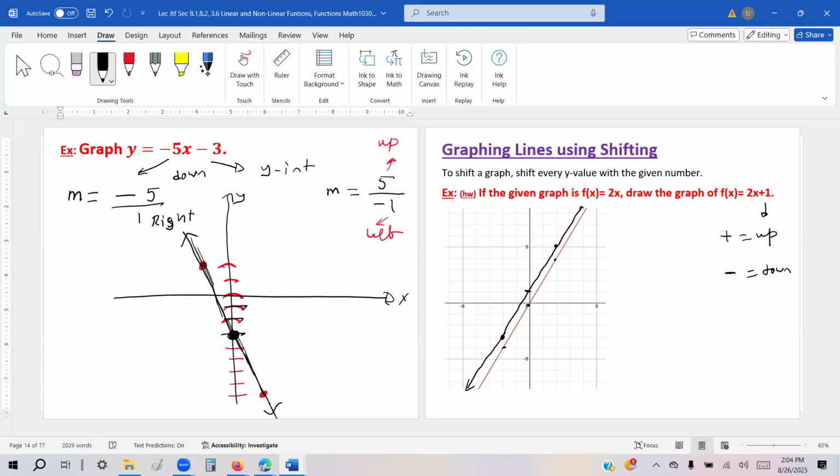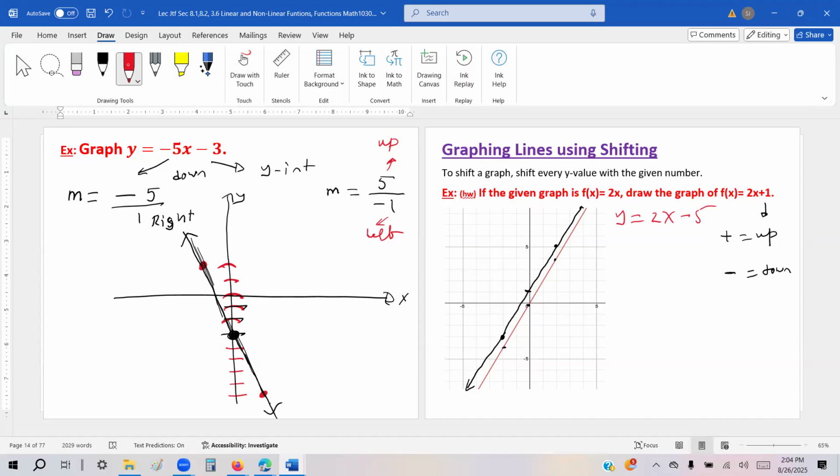So let's say they want you to graph also y equals 2x minus 5. It means you're taking your red line and shifting the entire thing 5 units down. So this y-intercept goes here, this 5 goes here, this one goes 5 units down.